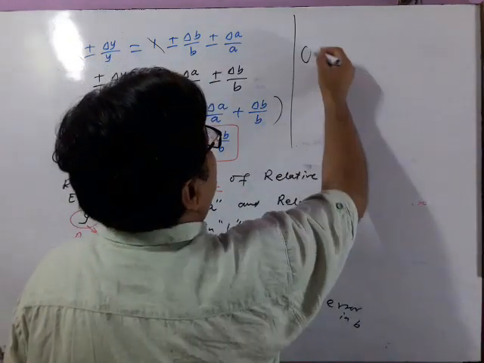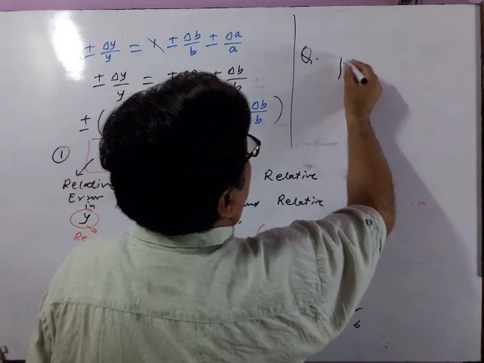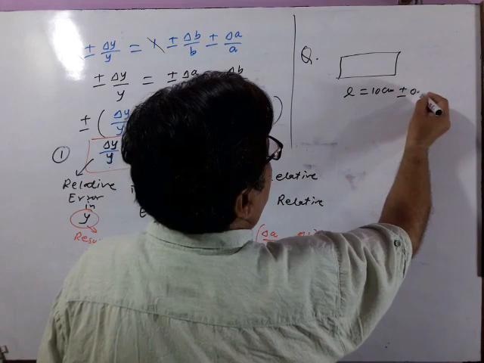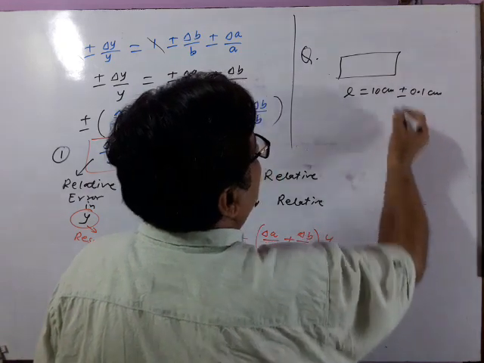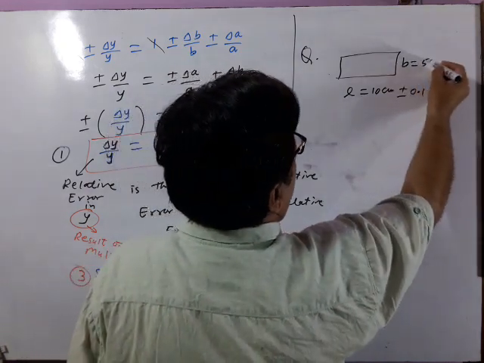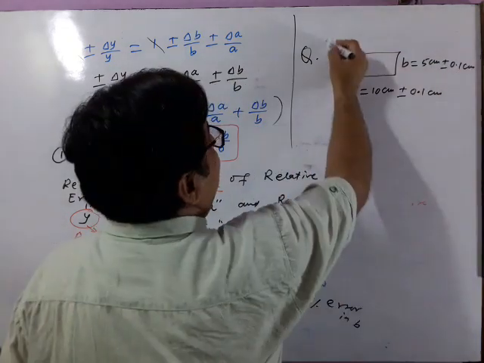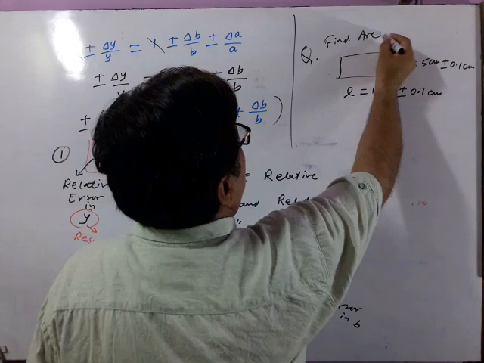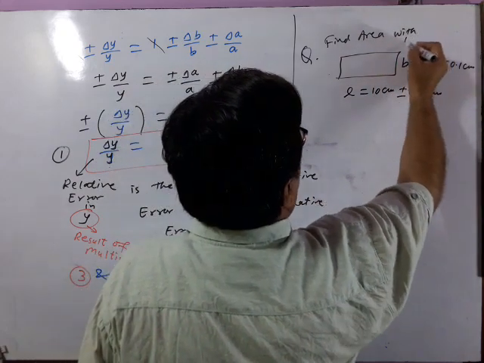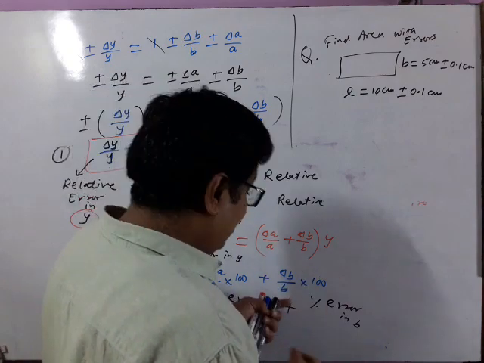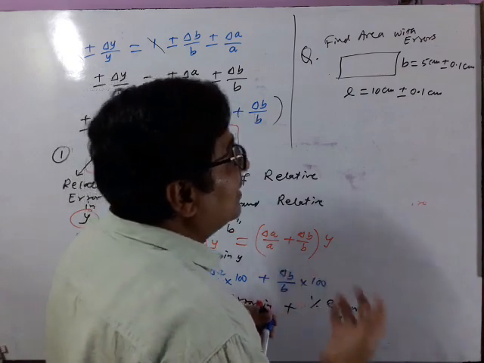See this simultaneously. Question. This is one rectangle given to you. Length is 10 centimeter plus minus 0.1 centimeter and breadth is 5 centimeter plus minus 0.1 centimeter. Find area with errors. Or he may say find relative error. Or he may say find percentage error.